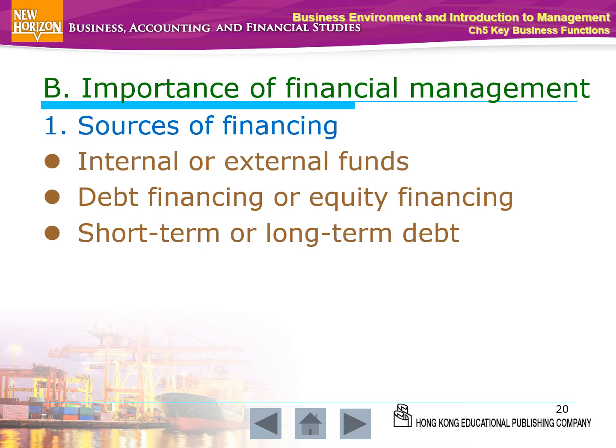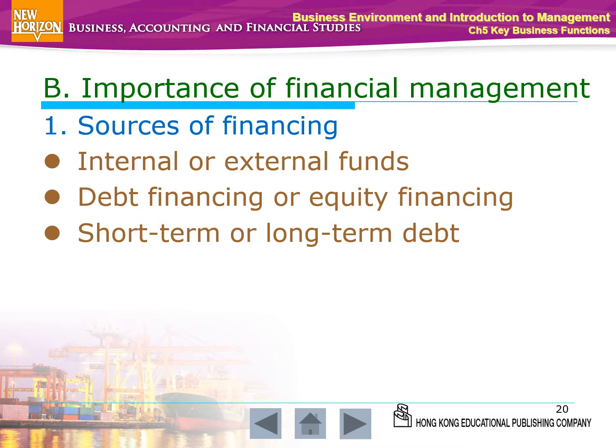classes. Okay. For the first class, internal or external funds, it means internal to the company or organization. That means the funds raised by the owners. Say, for example, for sole proprietorship, that means the business with only one owner. If we are talking about internal funds, it means the owner is trying to raise capital by himself or herself.